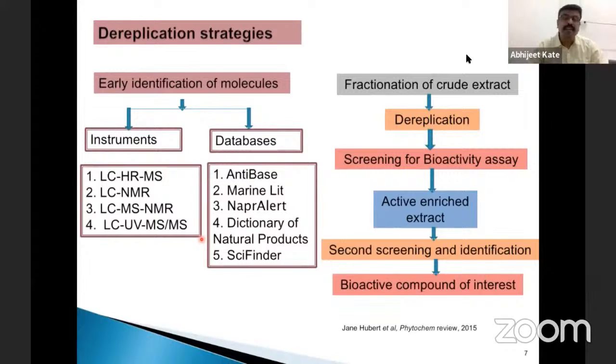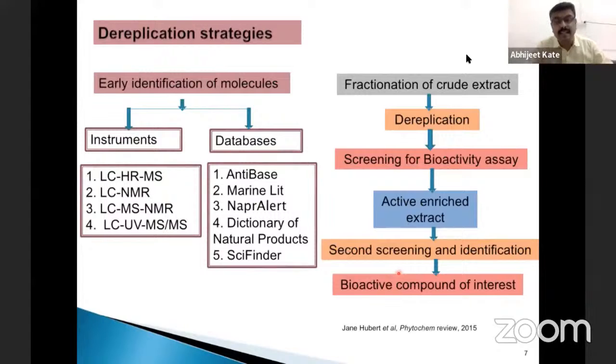Now, let's discuss the strategy part quickly. In this case, we have fractionation of the extract, then we apply dereplication analysis, and then we screen for bioactivity. Then we get the active ones. For example, here we have 100 plants, you dereplicated, you selected 5, and then you conducted the bioactivity on those 5.